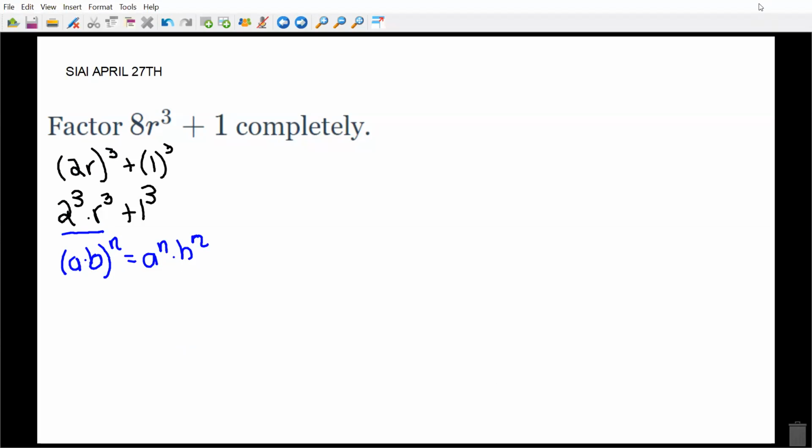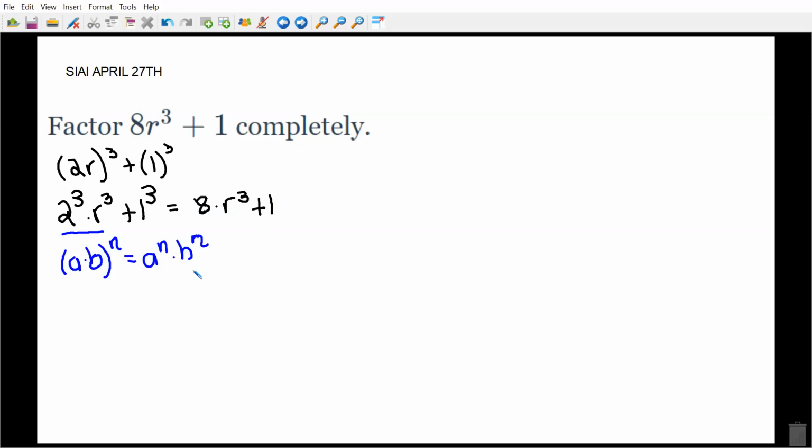And 2 to the third is the same as 8, guys. 2 to the third is going to be the same as 8 times r to the third plus 1, right?